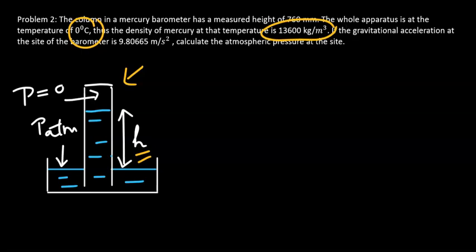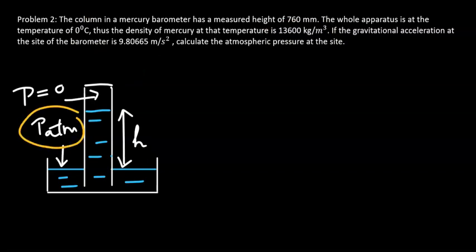If the gravitational acceleration at the site of the barometer is given by that value, calculate the atmospheric pressure at the site. Note, the atmospheric pressure is the pressure at that level, and that must be the same as the pressure at that level inside the mercury.